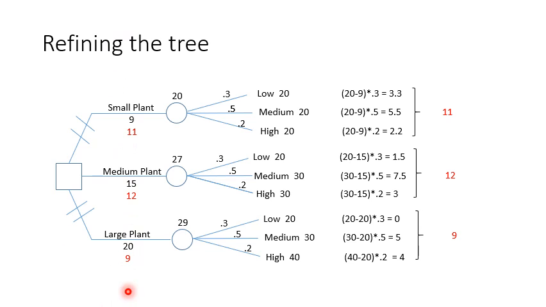If you look on page 103 in the text, he will take this value right here and calculate it in a probabilistic manner, but then he'll take this value here and subtract it totally. So he'll take 20 times 0.3 and subtract 9 from it, 20 times 0.5 and subtract 9 from it, 20 times 0.2 and subtract 9 from it.